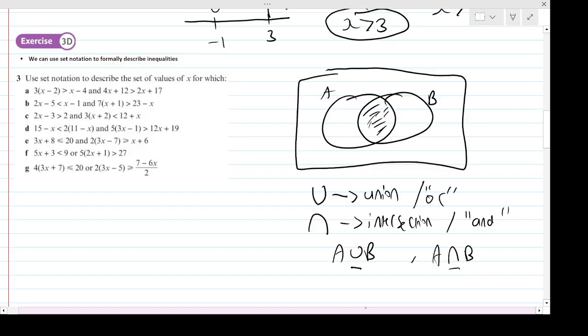And I guess you can extend it to "or" as well, like "or" has a sort of U sound, so it looks like the U shape. They sound vaguely similar phonetically. I don't know, that's how you can sort of remember what each of these two shapes mean. Okay, so hopefully you're familiar with those shapes. But now we're going to look at sets.